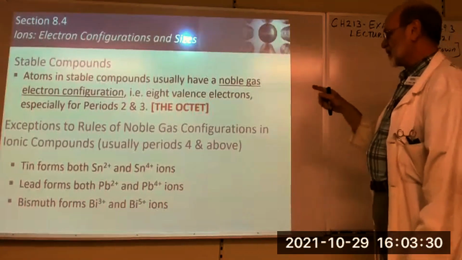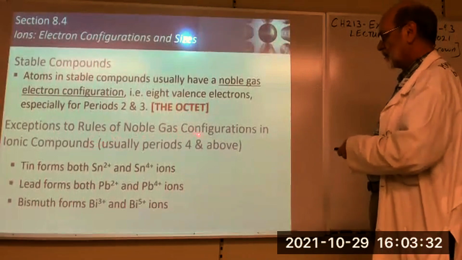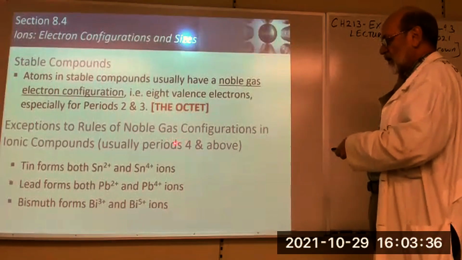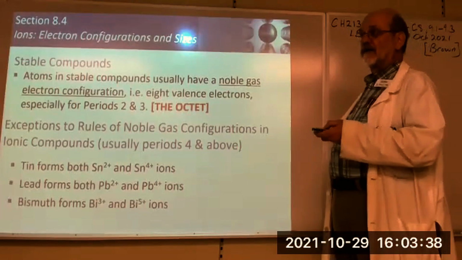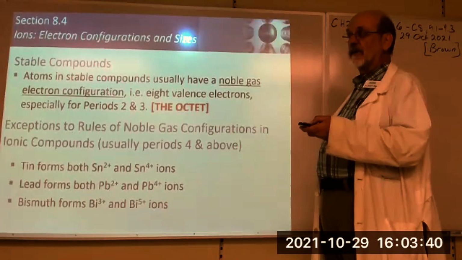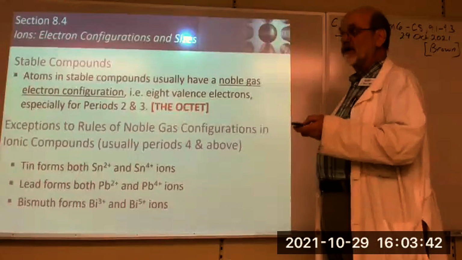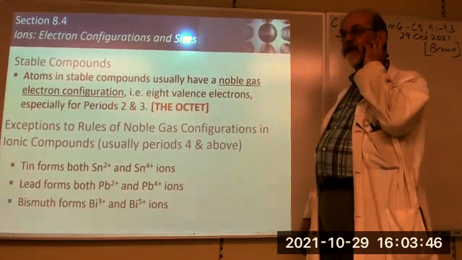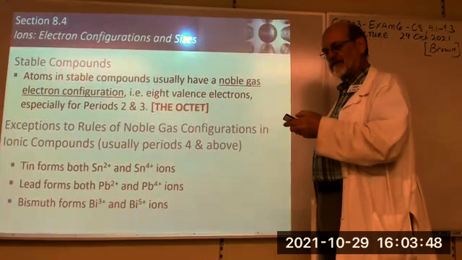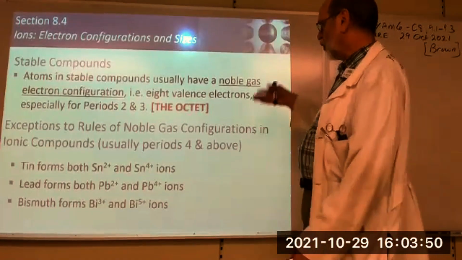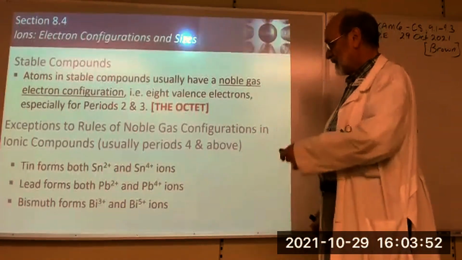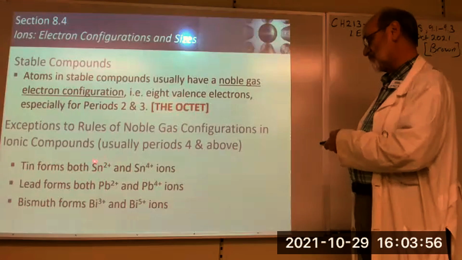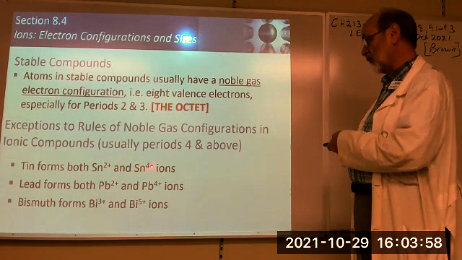There are exceptions to this octet rule in the configurations, but they usually occur in periods 4 and higher, right here. Once you work across there, you're getting into d orbitals, and that messes with your octet rule. So when you get over here, say tin could form 2+ and could form 4+.